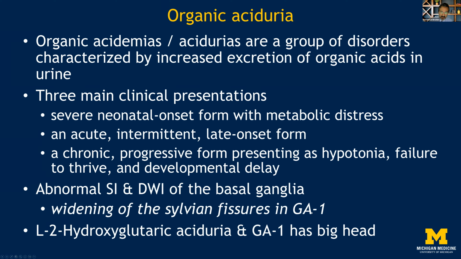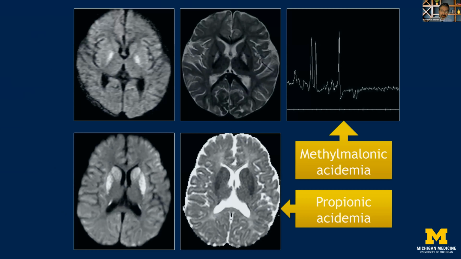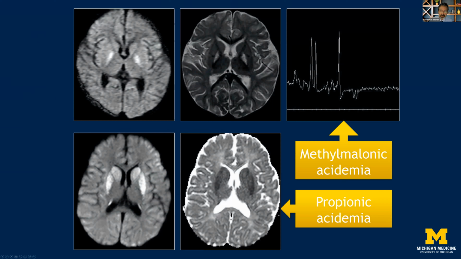Patients with glutaric aciduria type 1 will have widening of the Sylvian fissures, and then L2-hydroxyglutaric aciduria and glutaric aciduria type 1 classically have a large head size. Here's our patient with methylmalonic acidemia.